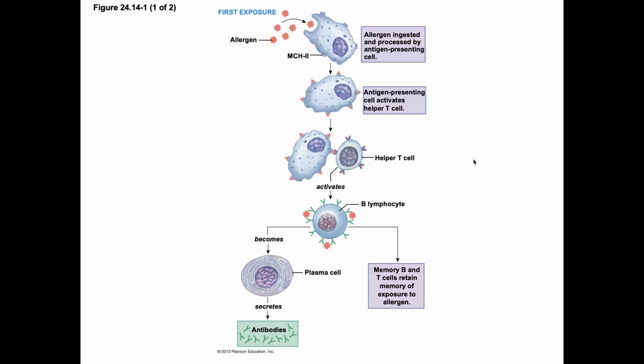Allergic inflammatory responses can be mild or even fatal. We call these reactions sensitivity or hypersensitivity reactions. And these immune responses can either be the result of immediate hypersensitivity or delayed hypersensitivity. In immediate hypersensitivity reactions, these involve antibodies, and the responses occur within minutes of exposure to an allergen.